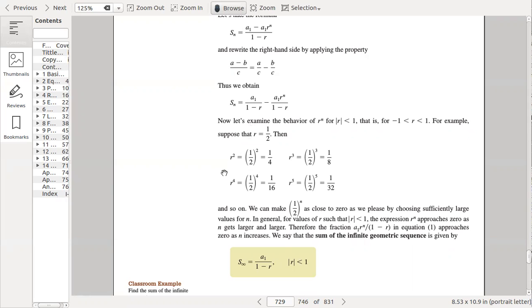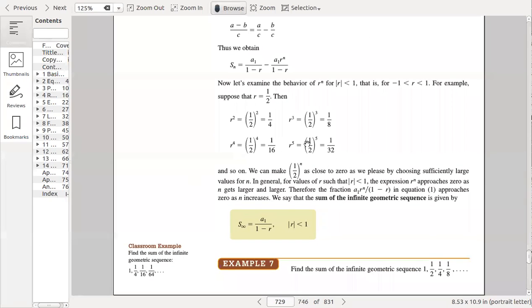Then r square is 1 by 2 whole square, 1 by 4, and r cube is 1 by 8, and r power 4 is 1 over 16. R power 5 is 1 over 32, and so on.